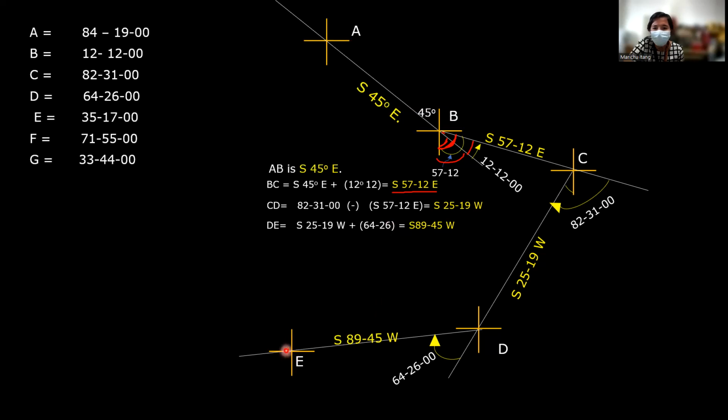Next, same procedure. If this is equivalent to 89, right? Pag 89 to, therefore, this is also equal to 89, the forward bearing and the back bearing. Pag ito 89, therefore, this is also equal to 89.